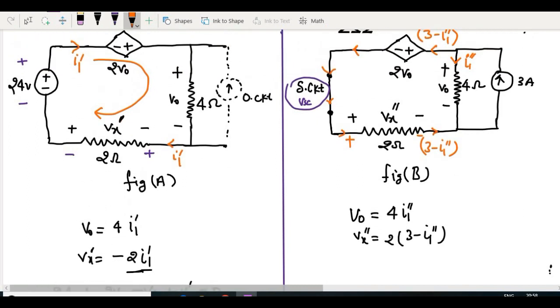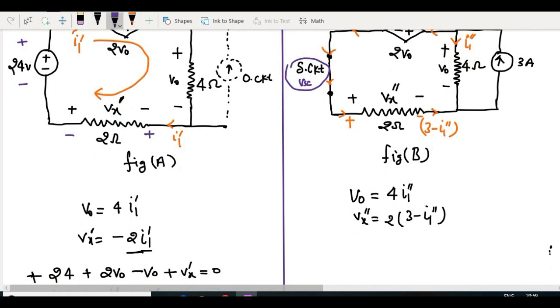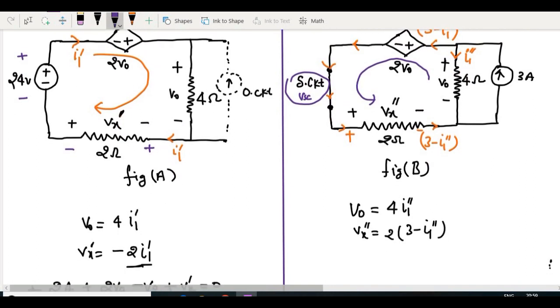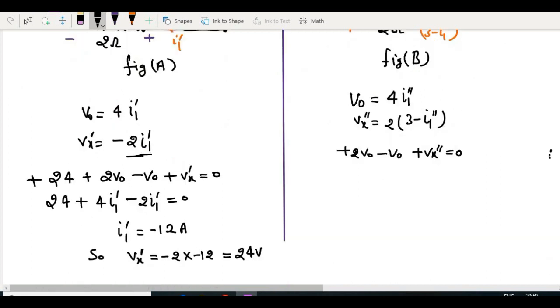Applying the KVL in this loop, we will get the value of I1 double dash: 2 Vo minus Vo plus Vx double dash is equal to 0. Substituting, Vo is 4 times I1 double dash plus 2 times (3 minus I1 double dash) equal to 0.